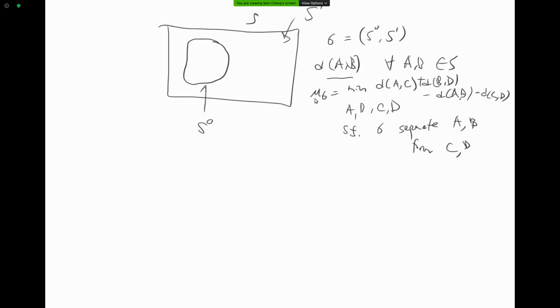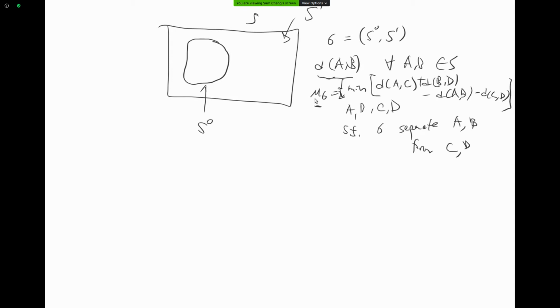Usually they put 1/2 here, so let me just follow the paper and also put 1/2 here. That's how you can construct a mu sigma from this D.